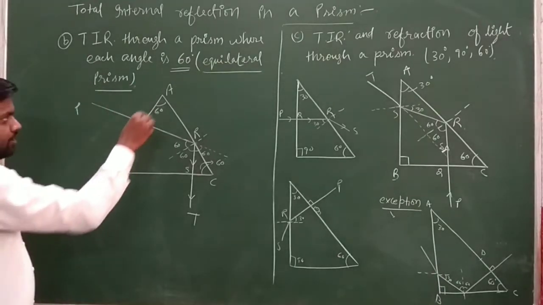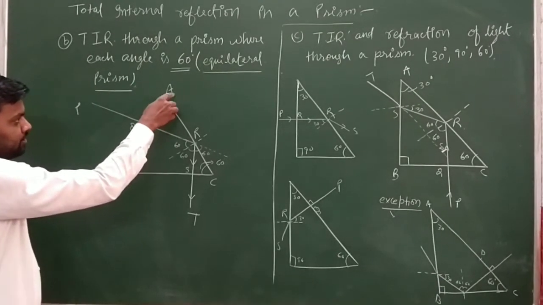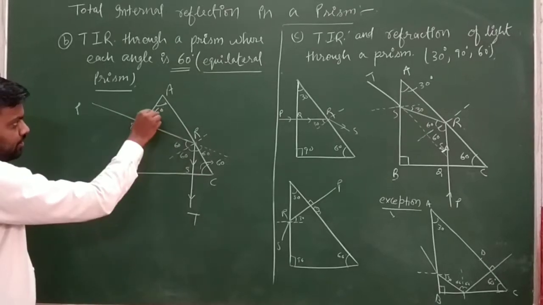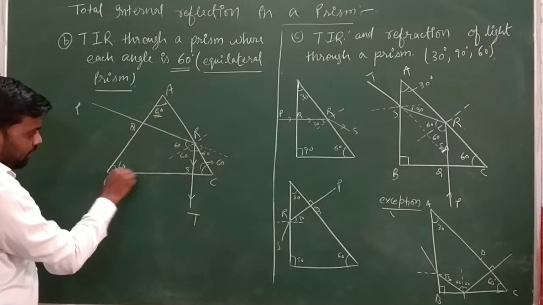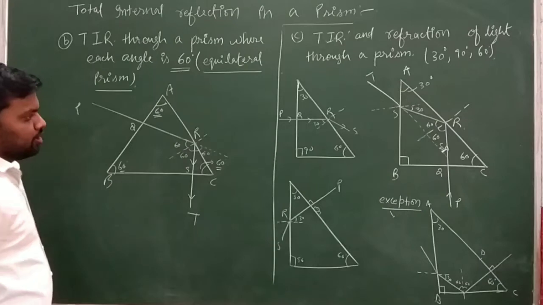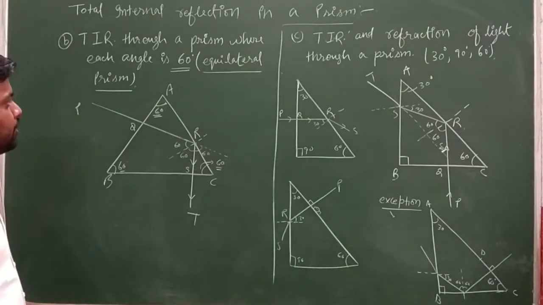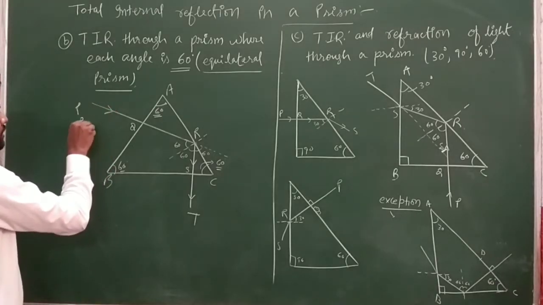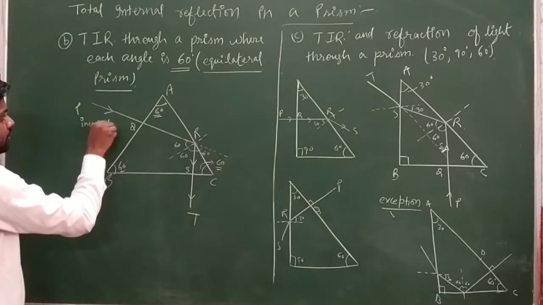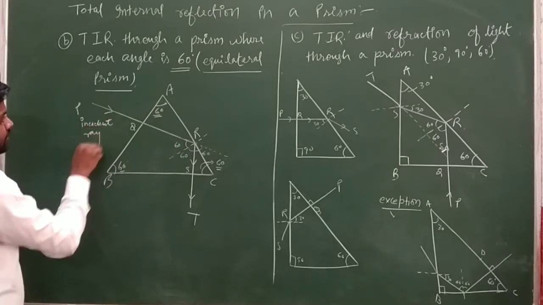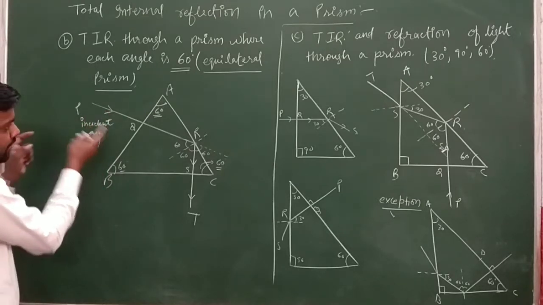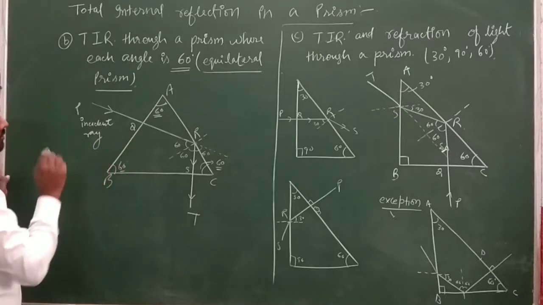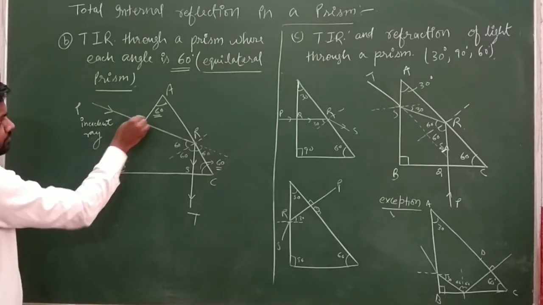Here you can see the prism angles A, B and C, each having 60 degree. So what will happen during the total internal reflection? Here we are taking the incident ray PQ when it strikes perpendicularly on the side AB.